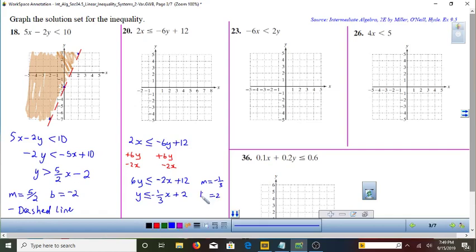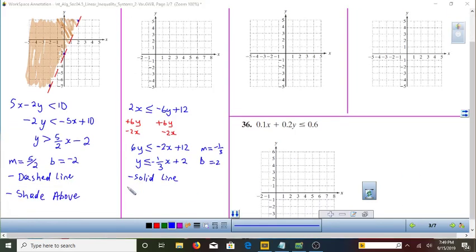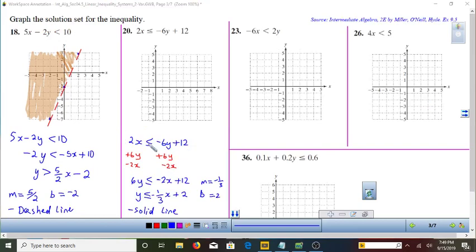So let's see, since it's a less than or equal to, we're going to have a solid line. And we're going to shade below that line because y is less than. So we're going to shade below the line. So let's see what that looks like. We start at +2.